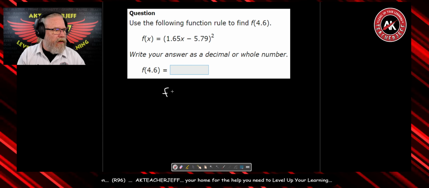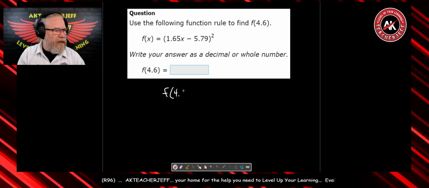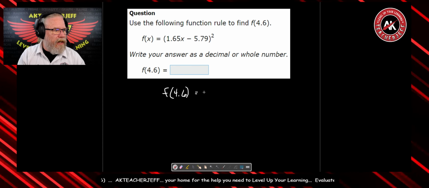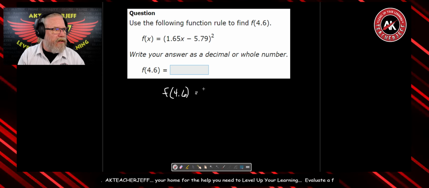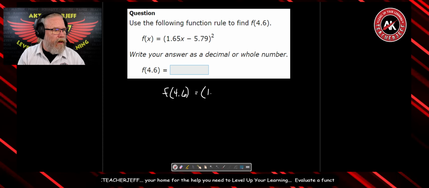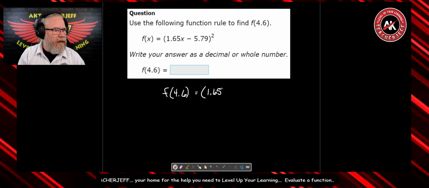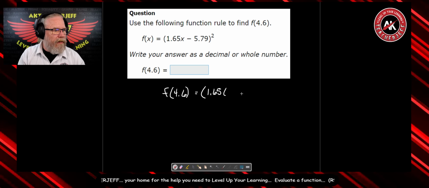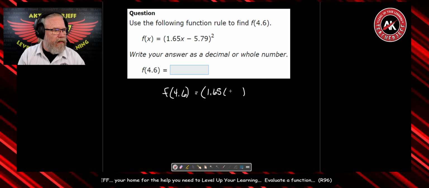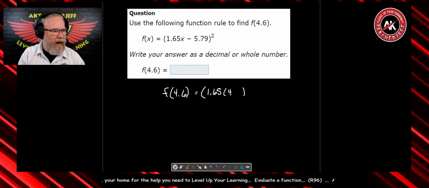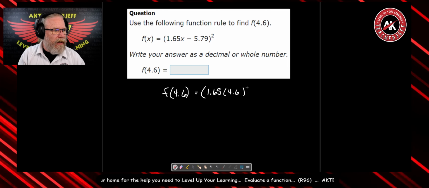So with that said, let's do f of 4.6, which is equal to 1.65 times x. I'm going to put another parenthesis in here, and this is where our value of 4.6 is going to go.